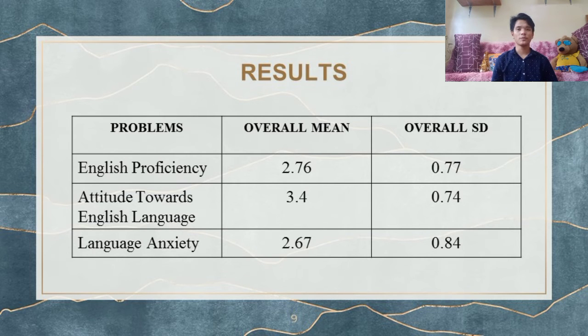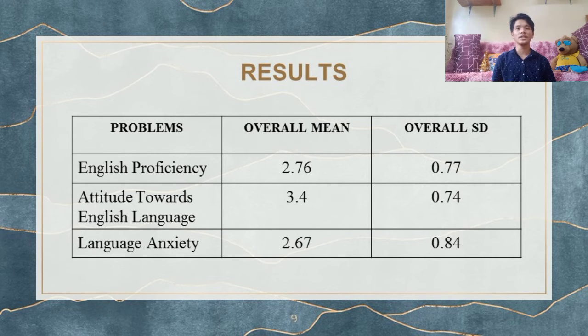For the English proficiency, we have 2.76 for the overall mean, which is equivalent to average level on English language proficiency. On the attitude towards English language, we have 3.4 as the overall mean, which is also equivalent to average level on ELP or the English language proficiency.